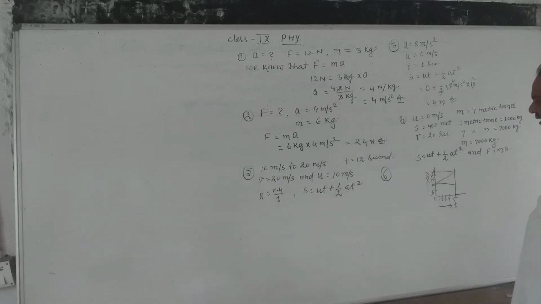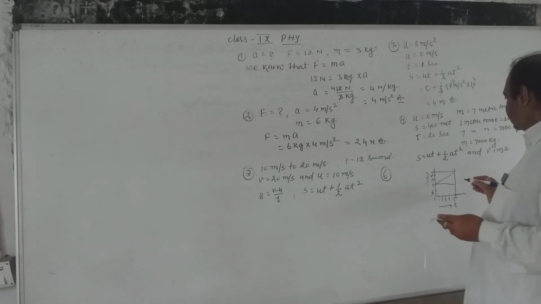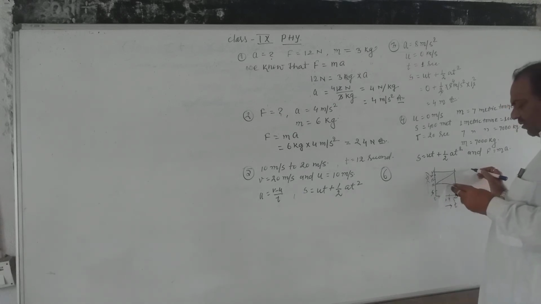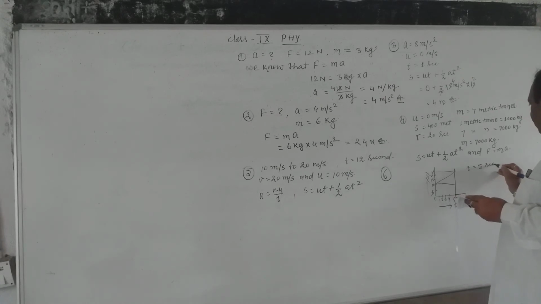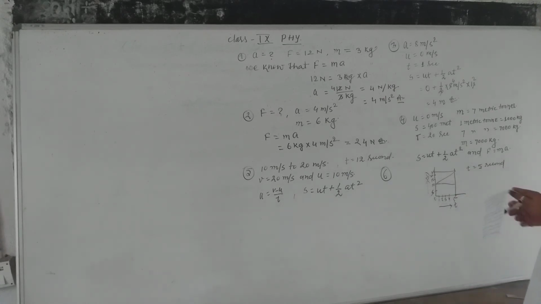After that, in this question, a truck accelerates at a constant rate of change of velocity in 5 seconds. We see here the time is given, t is equal to 5 seconds. Okay, given.